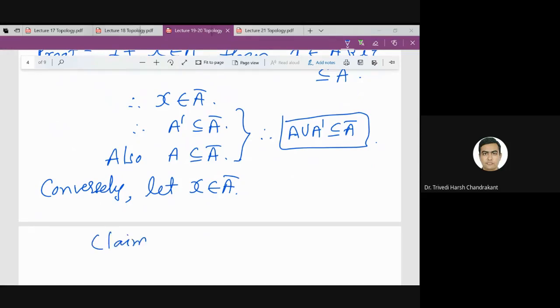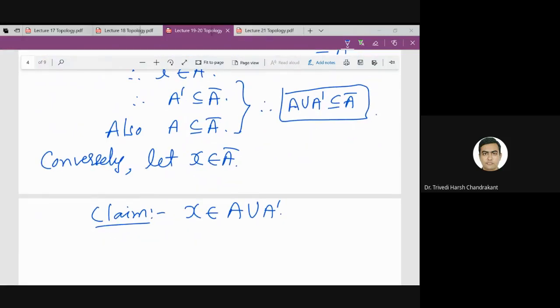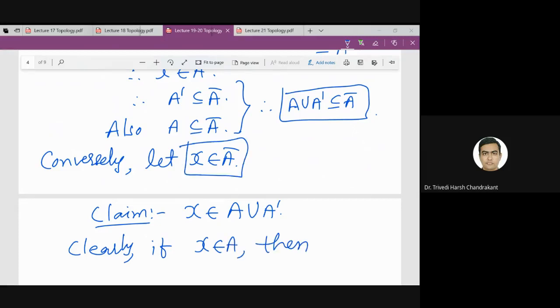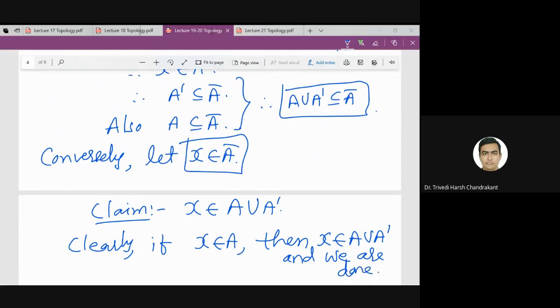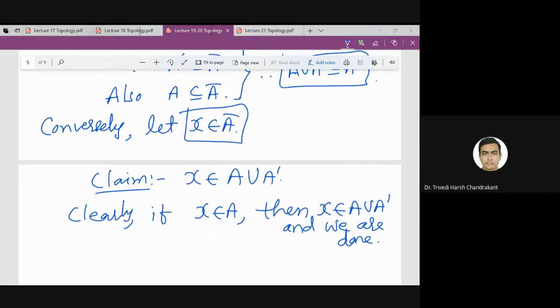Clearly, if X belongs to A, then obviously X is in A union A dash, and in this case we are done, right?